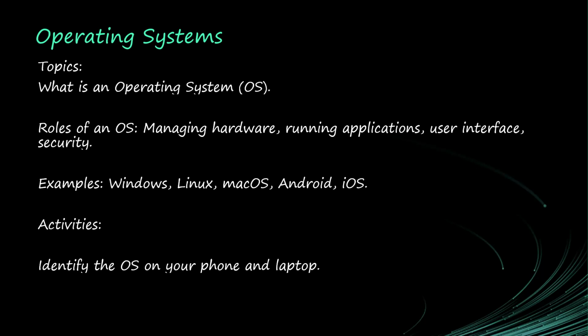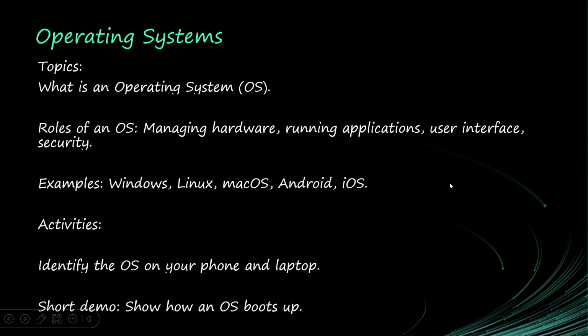If you're using a Samsung or any Android phone, it is using the Android operating system. Your laptop could be either Windows or Mac OS. If you're using a MacBook or any Apple laptop, you're using the Mac OS operating system.